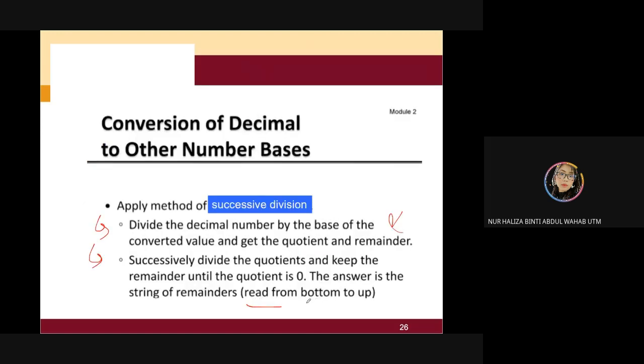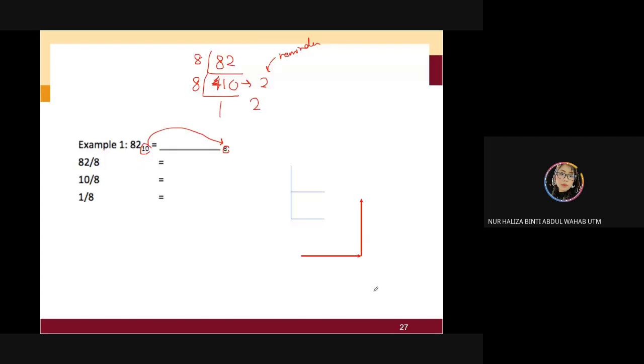Read from bottom to up. So your answer starts with 1, 2, 2, base 8.